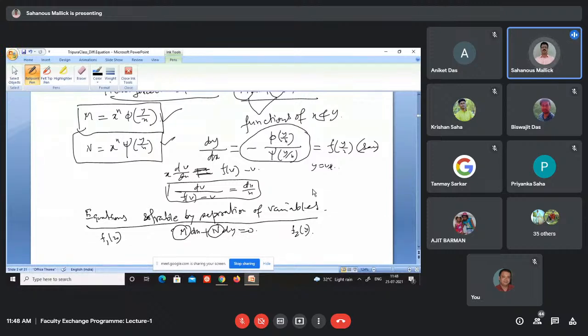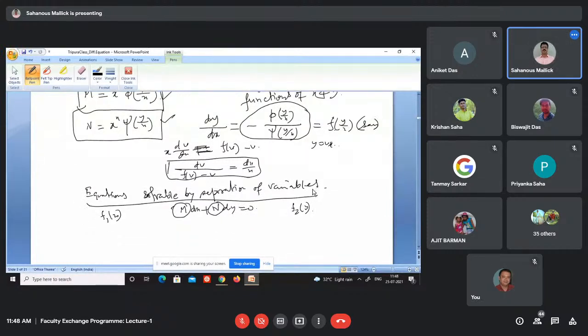I give examples of these types of equations. We write now first dy by 1 minus y square plus dx by root over of 1 minus x square equal to 0.